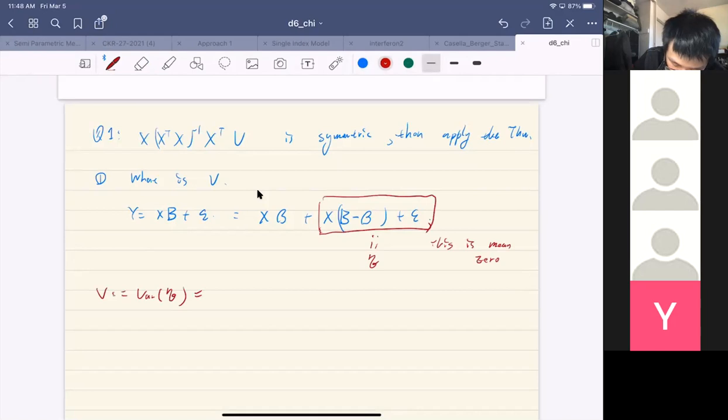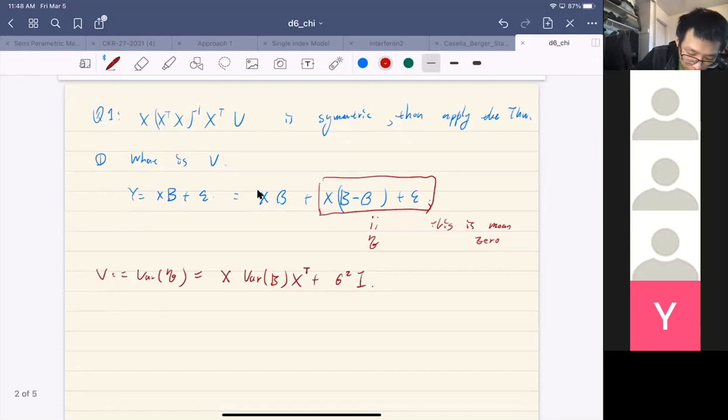So it should be equal to X variance of B X transpose plus sigma square.